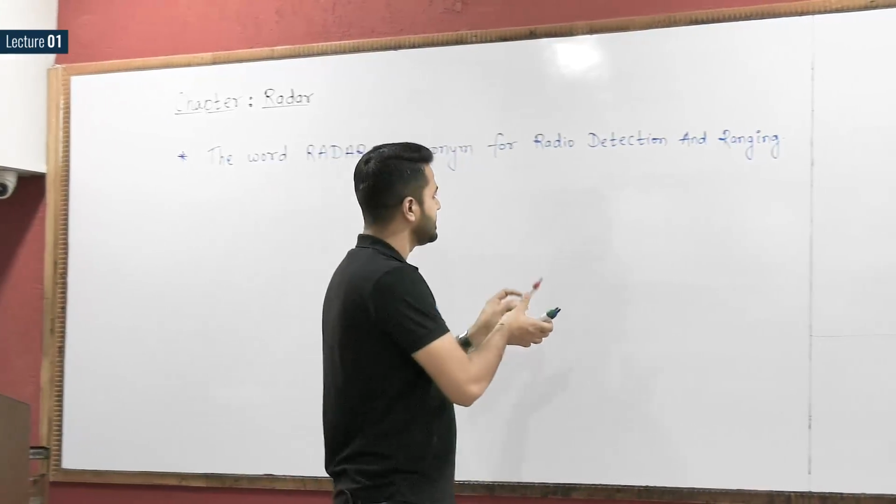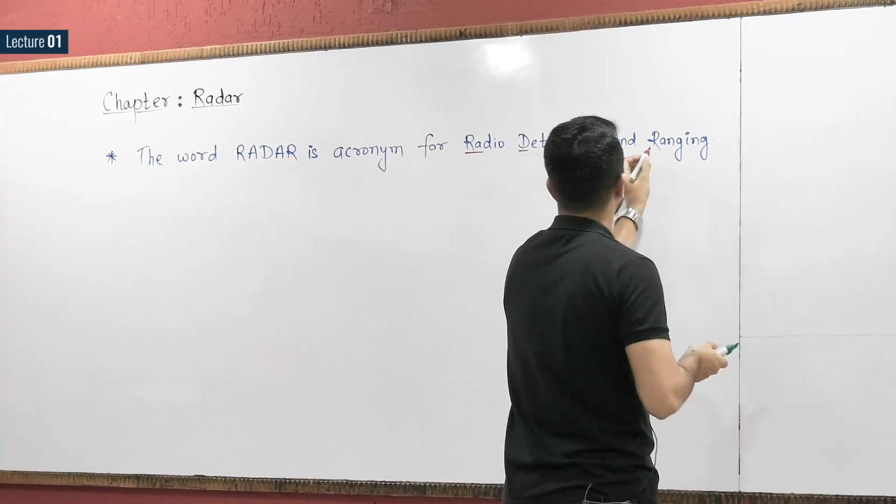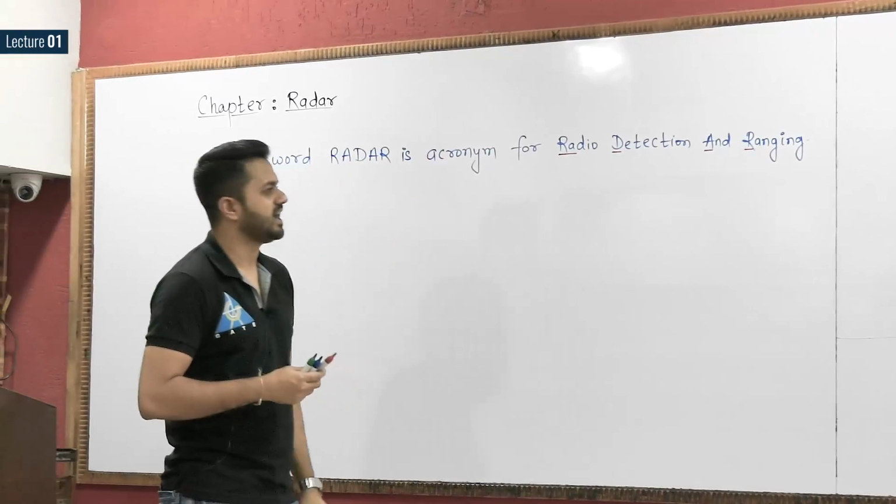Here, if you see, this is the short form R, A, D, A, R. So RADAR, that is radar.